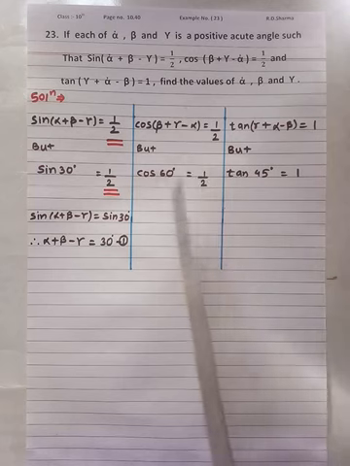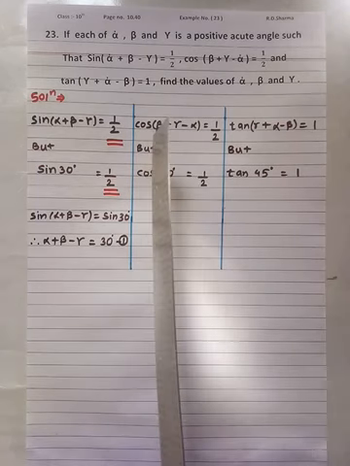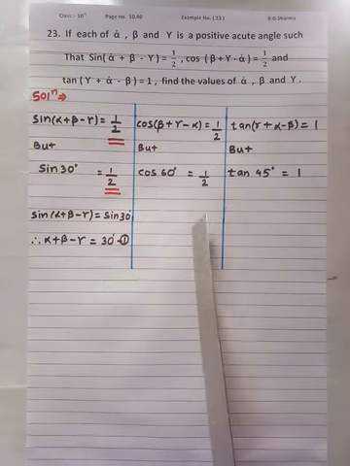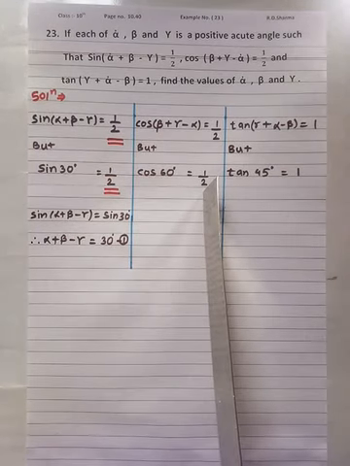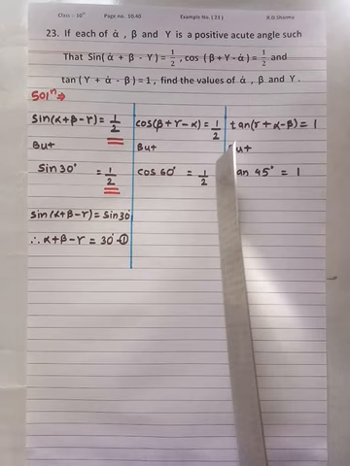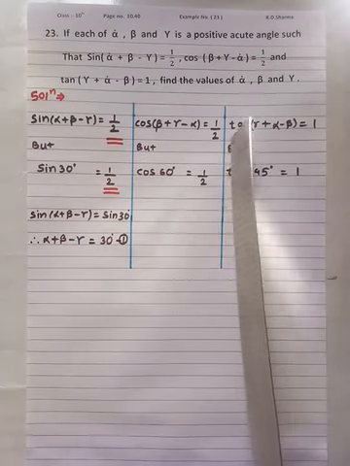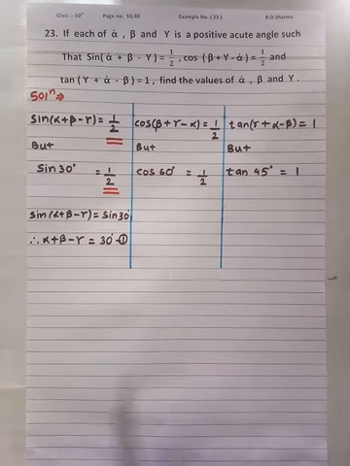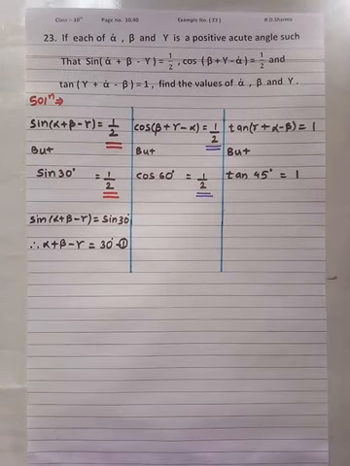For the second column, the right side of this one is 1 by 2 and the right side of this one is also 1 by 2. The right sides of these two are the same. If the right side is equal, then the left side is also equal.